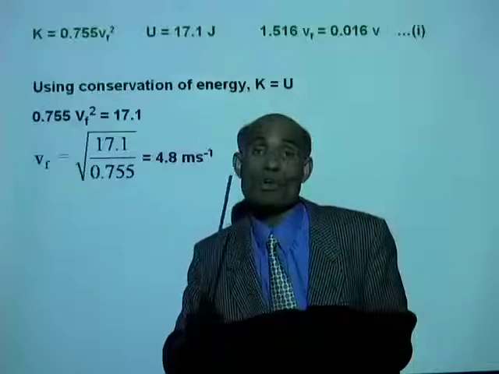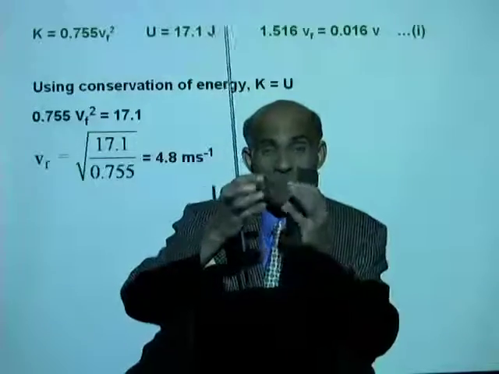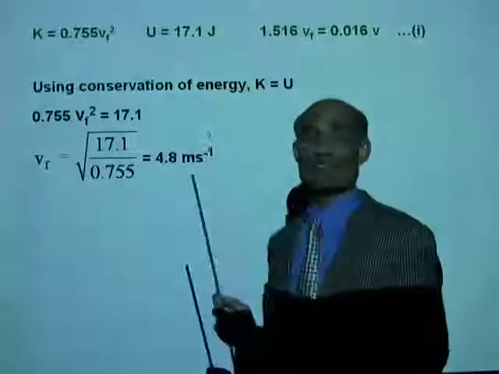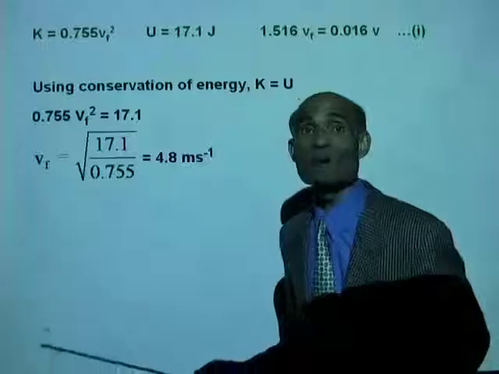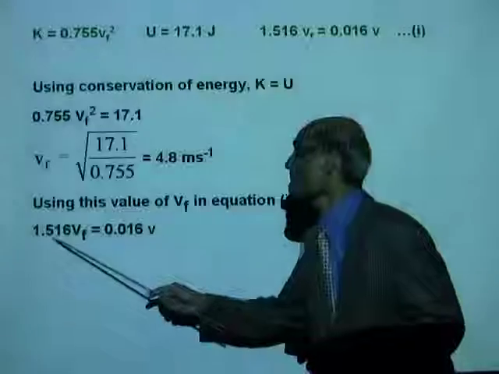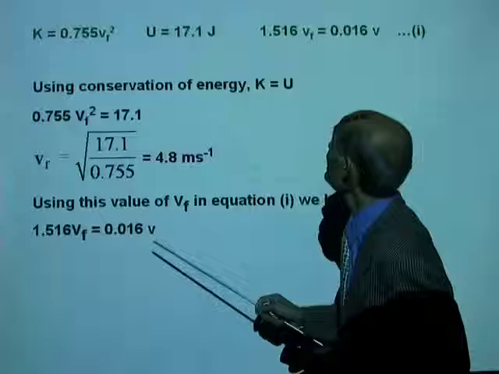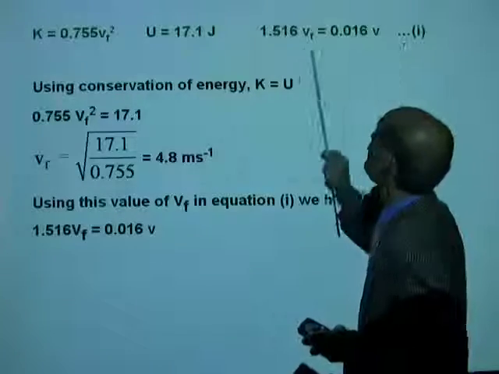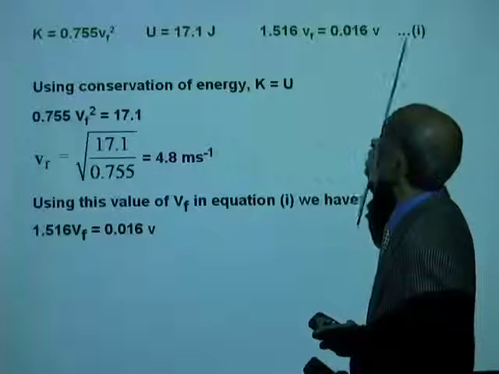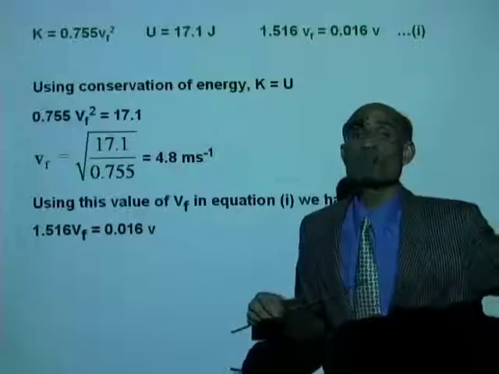That is the velocity with which the bullet and the pendulum together move away as soon as the bullet hits the pendulum. Alright, let's now go back to our first equation. Which is our first equation? We have 1.516 Vf equal to 0.016 V. That is the first equation we obtained using the conservation of momentum.